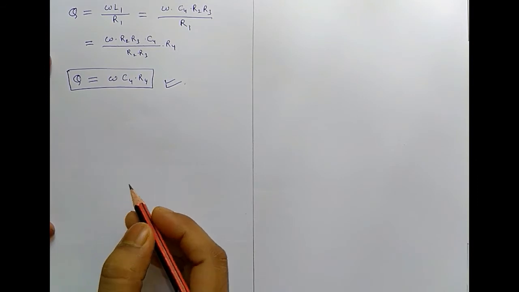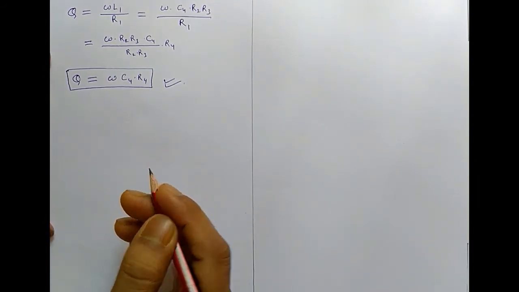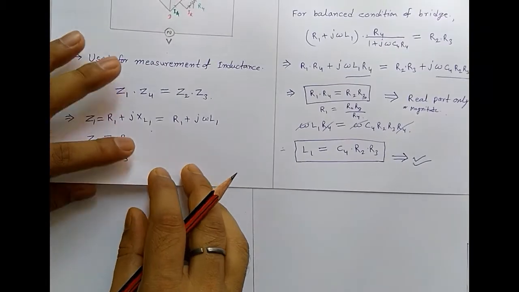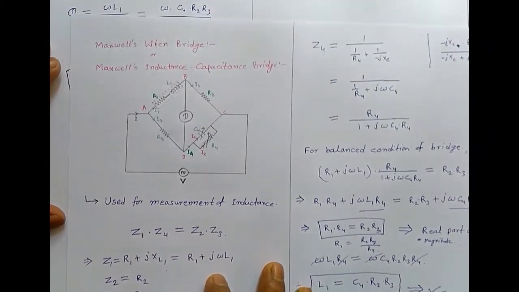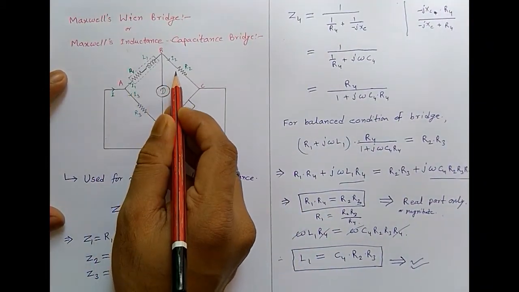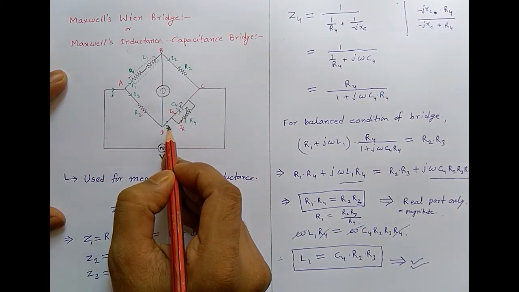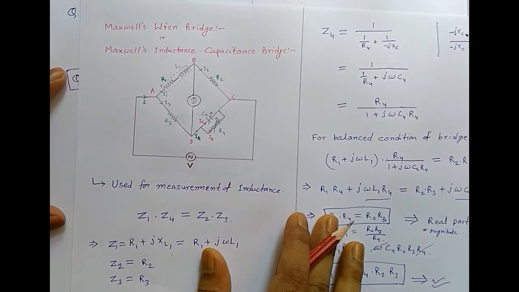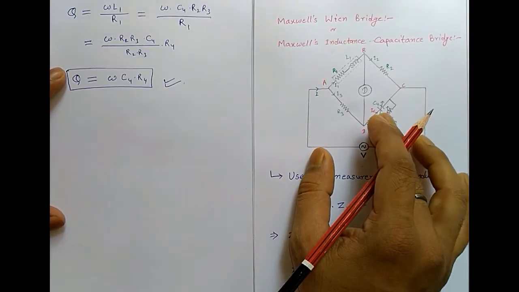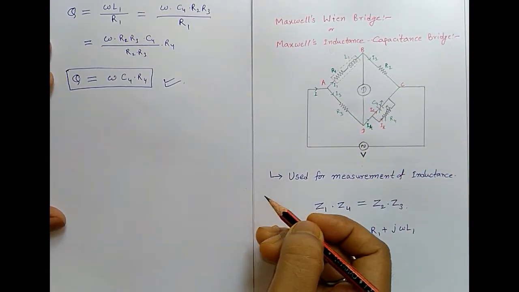Now the phasor diagram of the circuit. First of all, as we know, in this circuit the current I1 equals I2 and I3 equals I4. So with the help of this circuit diagram, we will start drawing the phasor diagram.